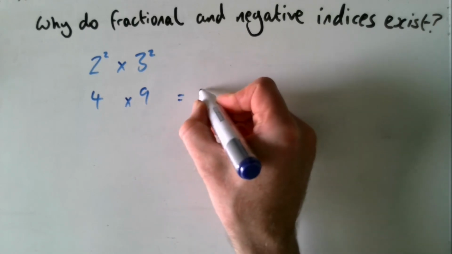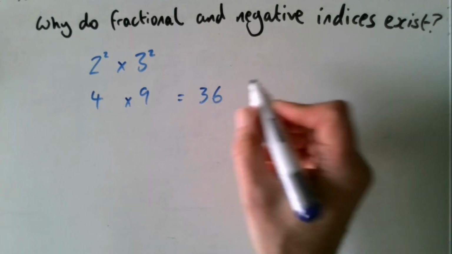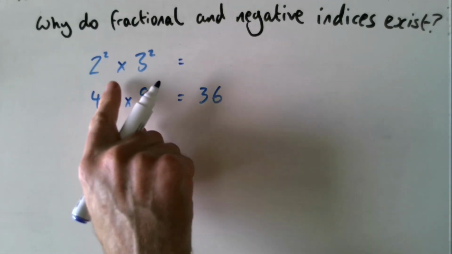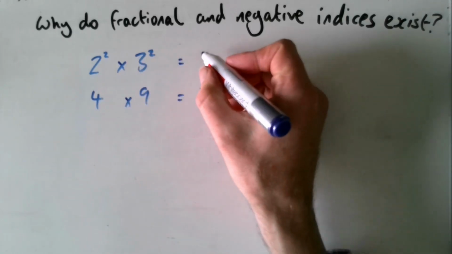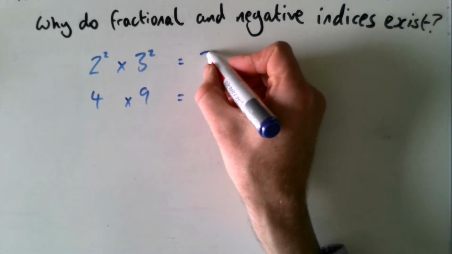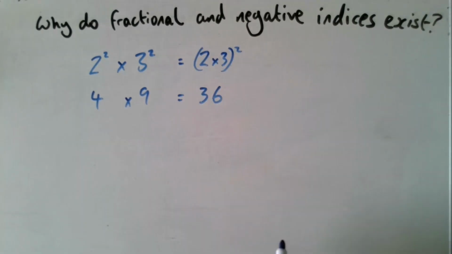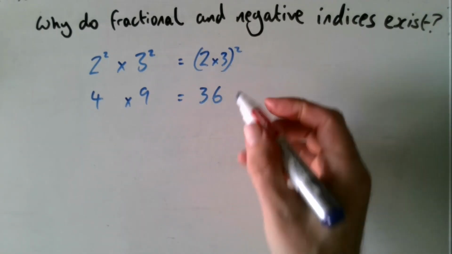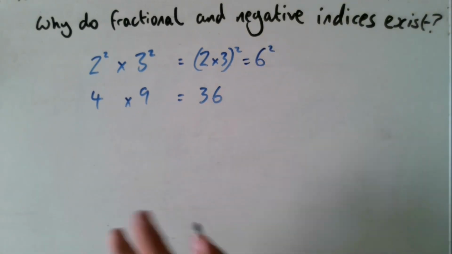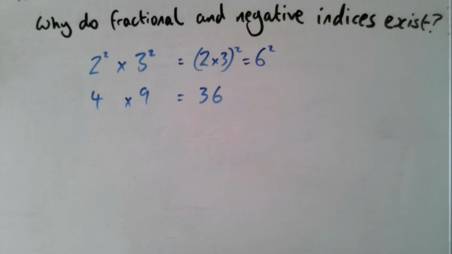We all know 4 times 9 is 36. But we could also do it in this other kind of way. We could say that it's 2 times 3 all squared, because the numbers are multiplied. 2 times 3 is 6 squared, and that always works, and it goes in reverse when we have the surd situation.